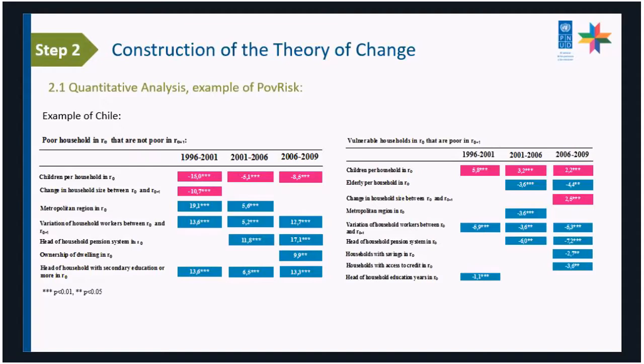However, when we look at sliding back into poverty, the key indicators are not so much education and labor market, but access to assets like owning your own home or your own piece of land in a rural area, having access to some sort of social protection, and having access to some system of care at the local level. So there are different factors that influence people exiting or sliding back into poverty.